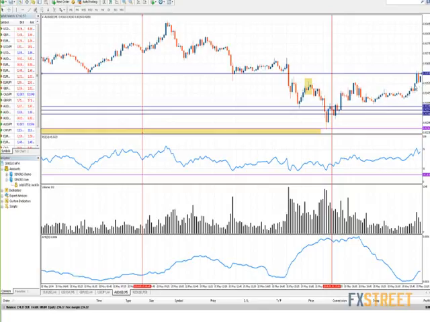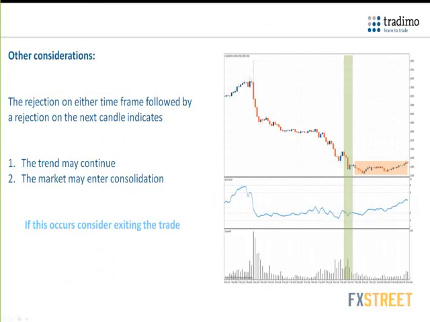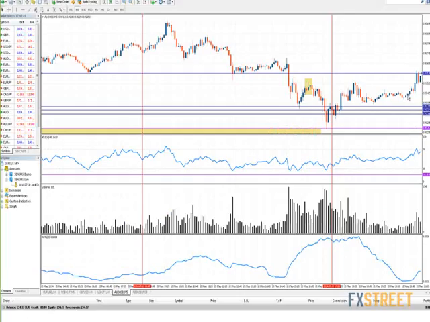That can indicate one of two things: we're not going to reverse, or the market may be entering a period of consolidation. When you're on the shorter time frame, on the 5-minute, trying to preempt a reversal, there's no guarantee; your 5-minute could just consolidate and the 30-minute may not form the reversal signal you want. So generally keep an eye on the 5-minute. If you get a rejection candle, similar to this tweezer top, and then you get another rejection after that, that sort of neutralizes the rejection. You've got to use a little bit of discretion and be very, very careful with the trade potentially.